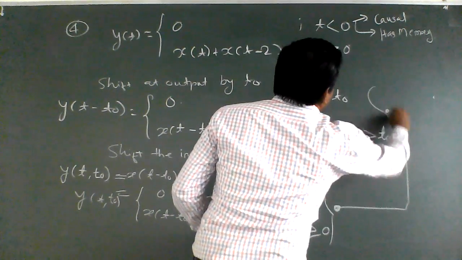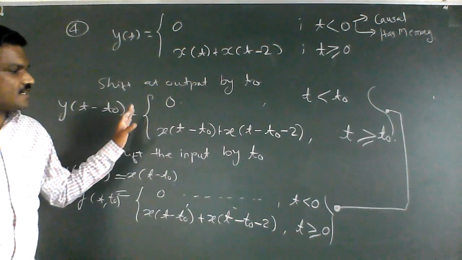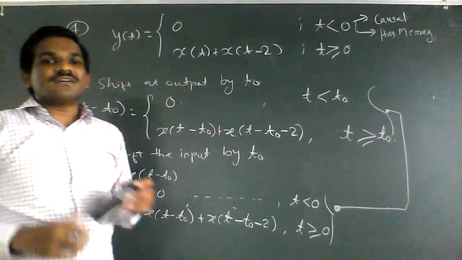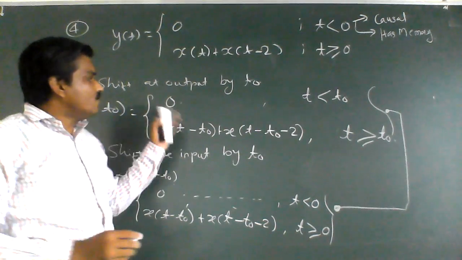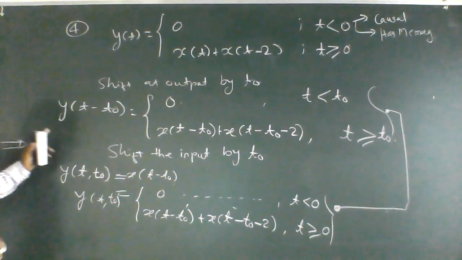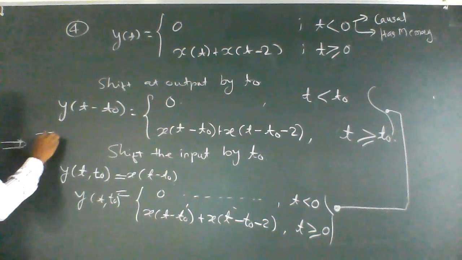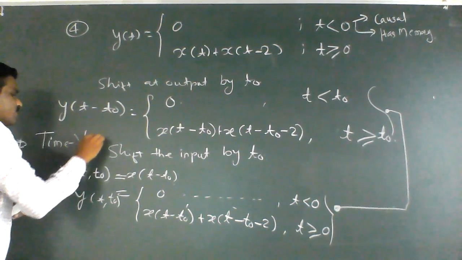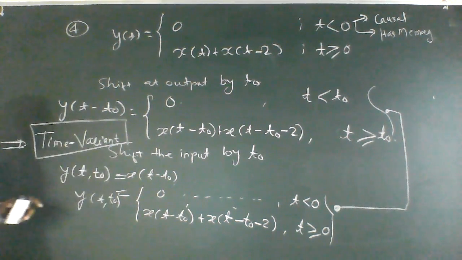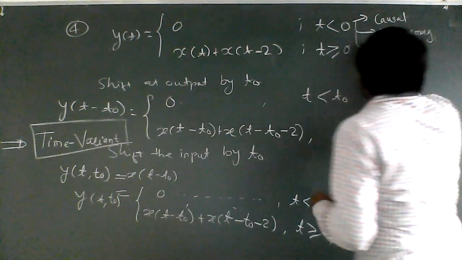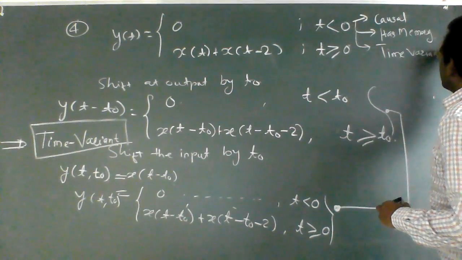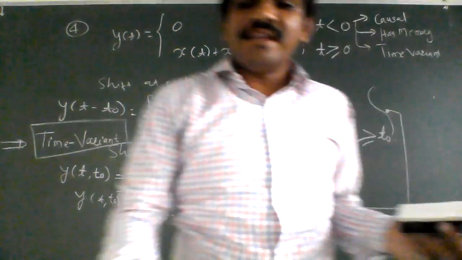From this equation, it is clear that the shift of t0 at the input doesn't have a corresponding shift in the output, which implies that the system is time variant.